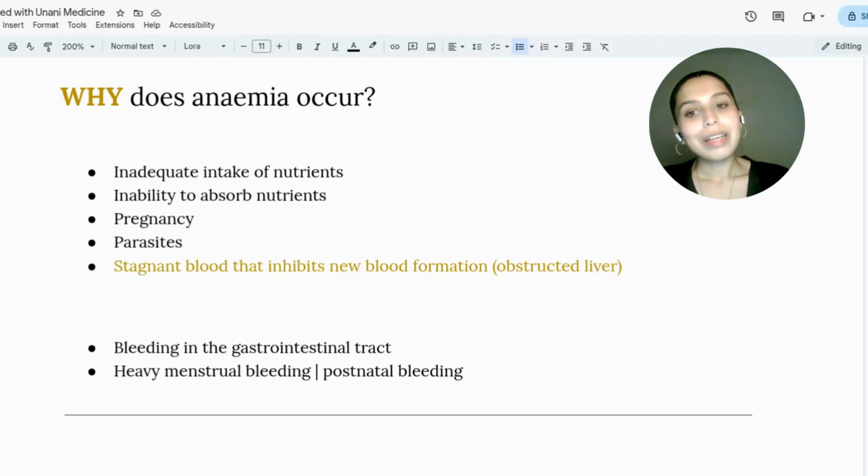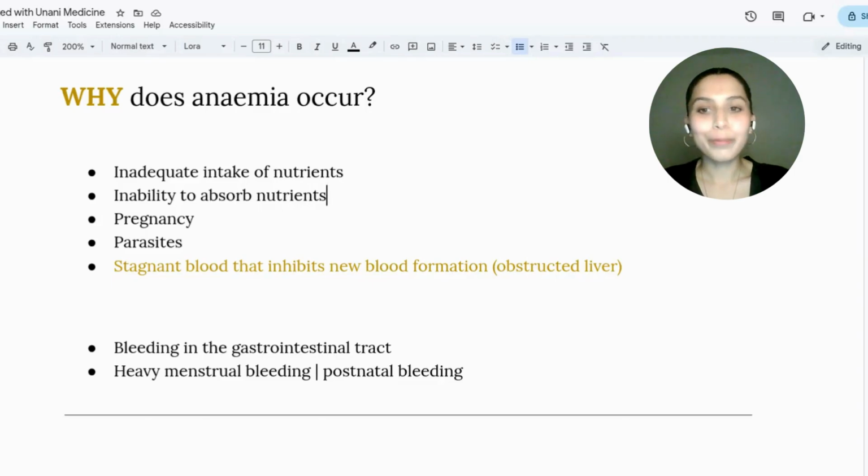And then there is inability to absorb the nutrients. So you might actually be eating the right thing. You might have the best diet in the world when it comes to building red blood cells, but there is a fundamental issue in your body, in the factory system, that is causing mishaps or delays or badly shaped cells. So either inadequate intake or the inability to absorb and break down the nutrients.